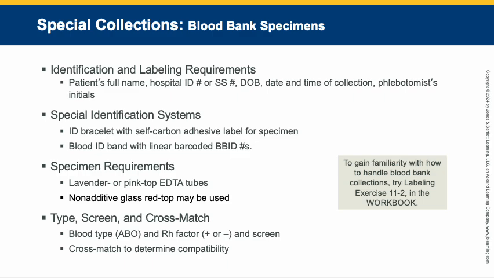Okay, if they do another test, which is called a type and cross, then this means they check their blood type and they do a cross match with a certain blood product. So like for me, for example, I'm O positive. If I were in the hospital and they wanted to do a cross match to say I needed a unit of blood, then they are going to pick an O positive unit and they're going to test my blood with that blood.